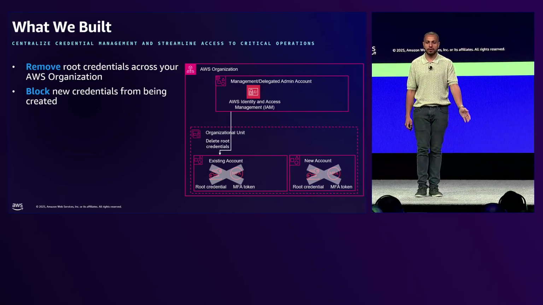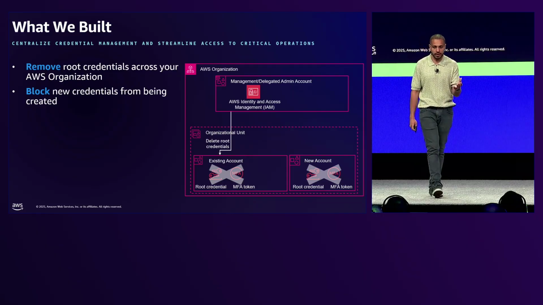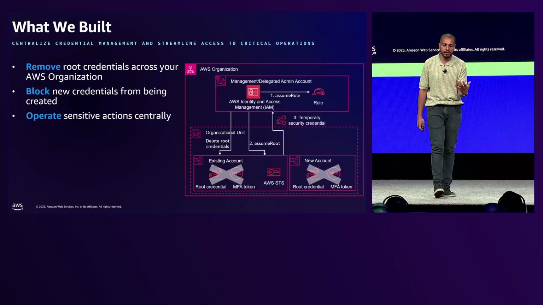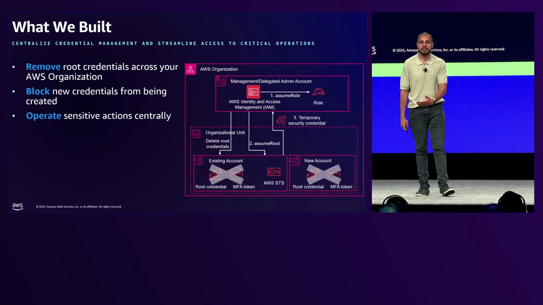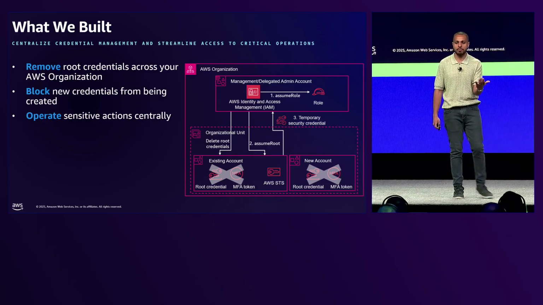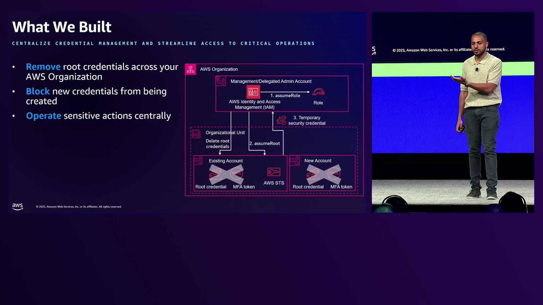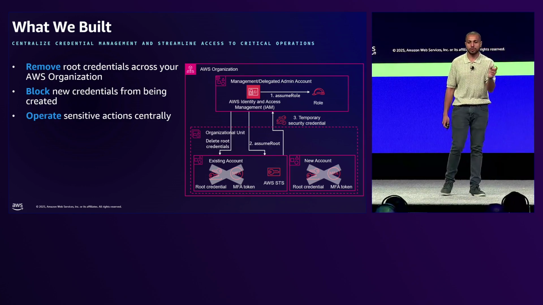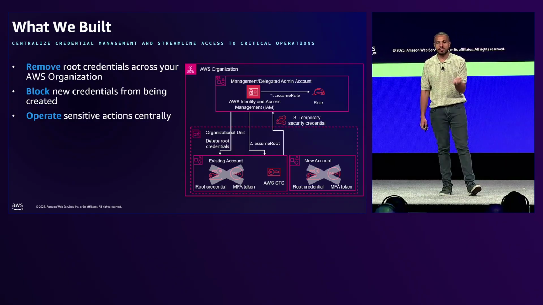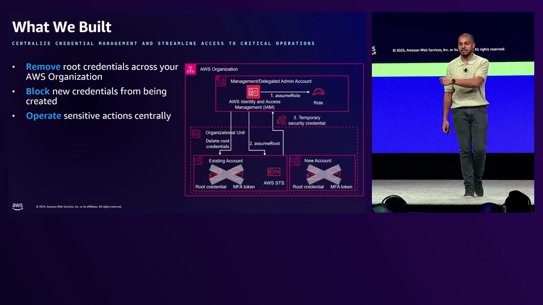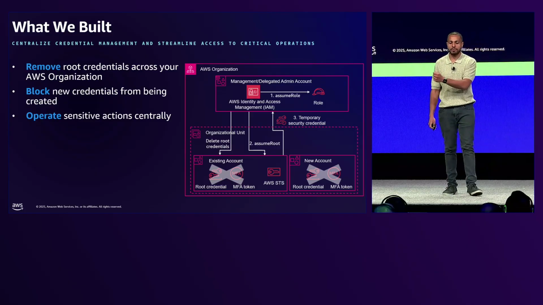Third, when you need to perform any sensitive action, for example on an S3 bucket or an SQS policy, you would use your management account or delegated administrator account and request a short-term session tied to a single member account that expires by default within 15 minutes, and that gets fully logged all the way through.